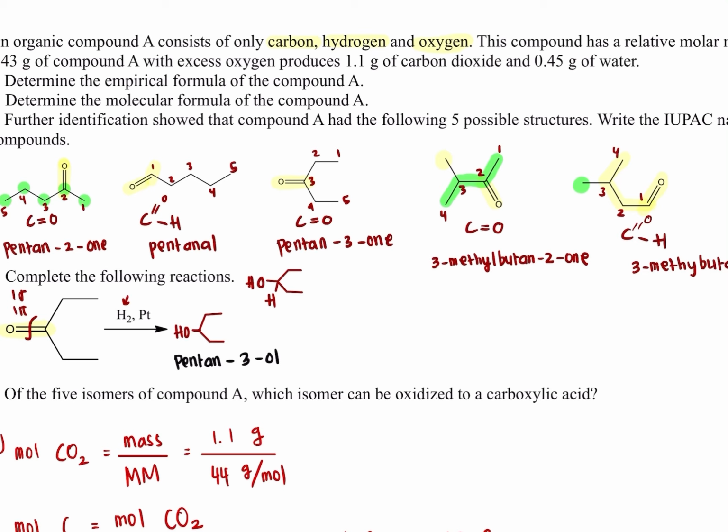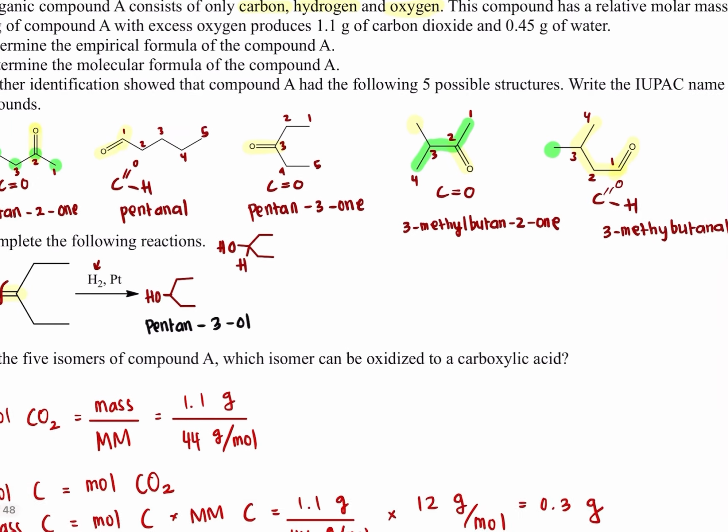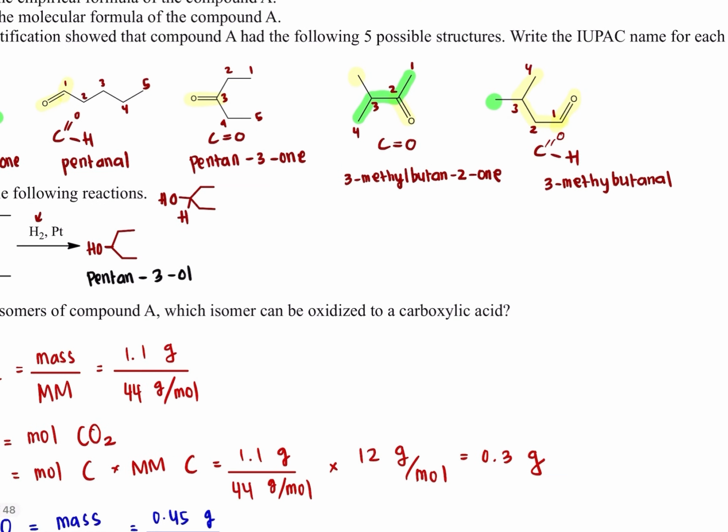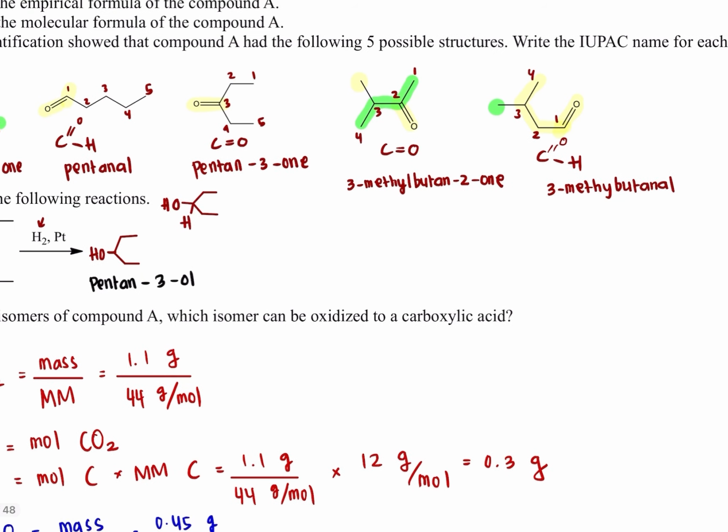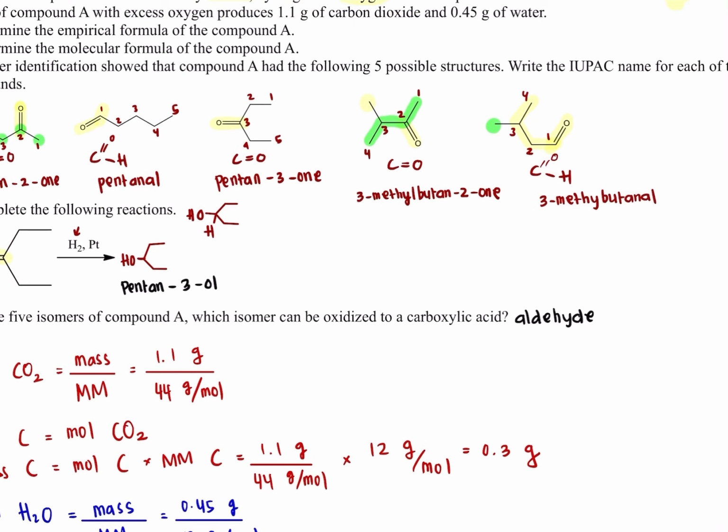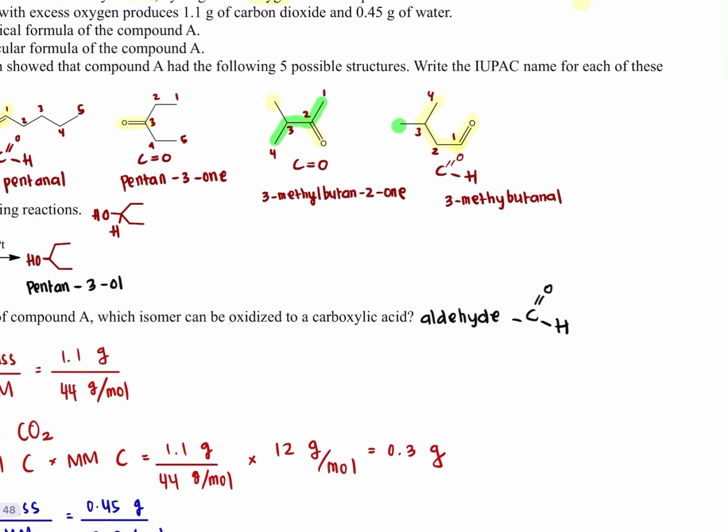Now the question E: of the 5 isomers of compound A, which isomer can be oxidized to a carboxylic acid? So for the carboxylic acid here, we should look for the aldehyde compound. We are using our alkanal. So in this case, aldehyde has the group COH. Now this COH will then change into COOH of the carboxylic acid.